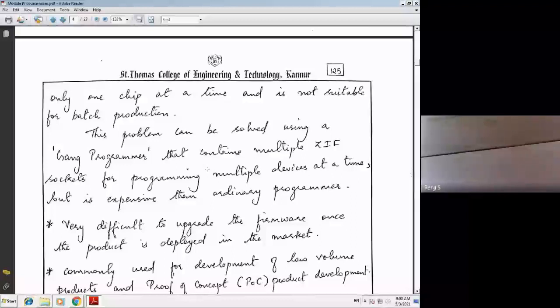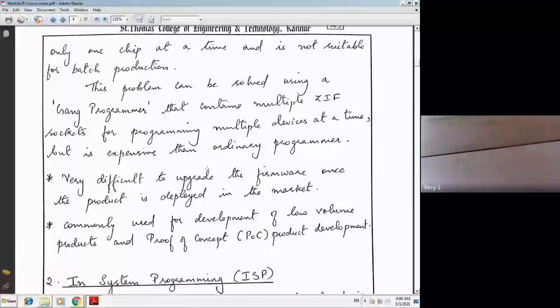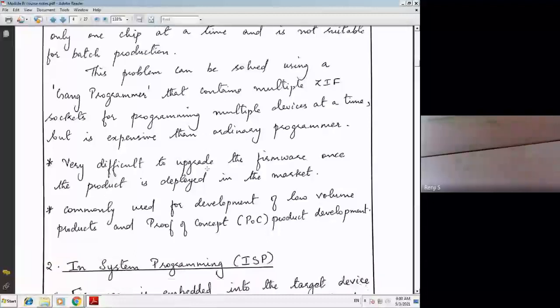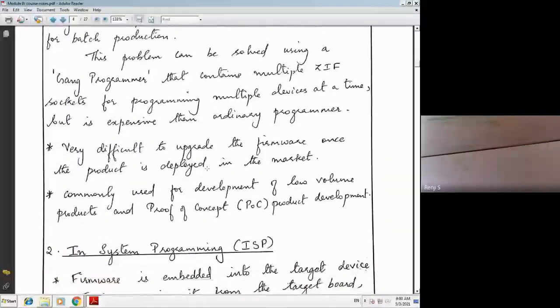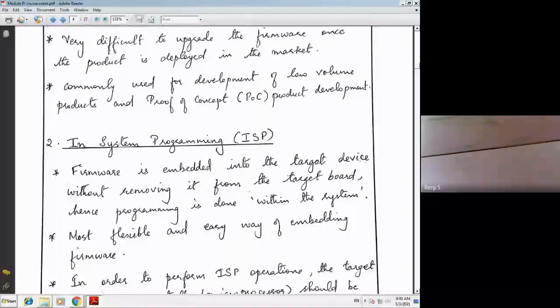Also, it is difficult, and the device may get damaged. So it's very difficult to upgrade firmware once it is deployed into the market, and it is usually used for low volume products and proof of concept product development, where we just want to test certain firmware. So that is the first method.